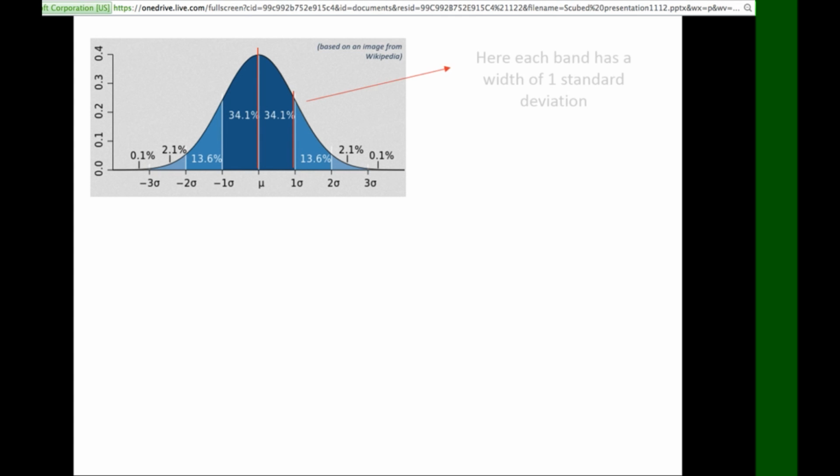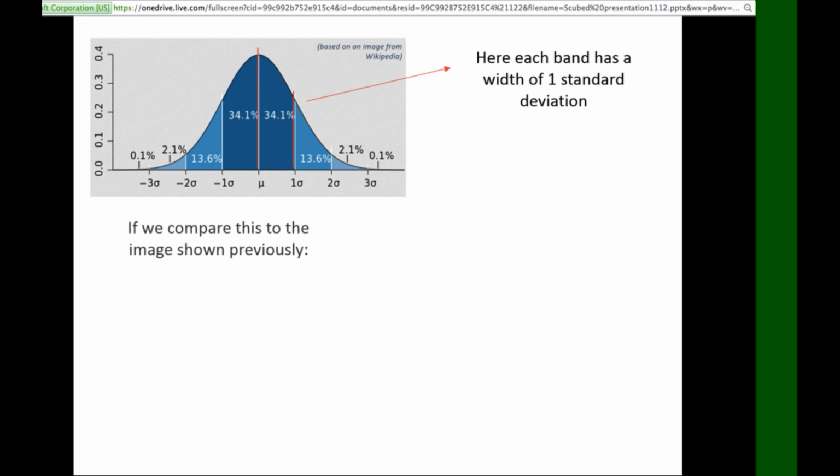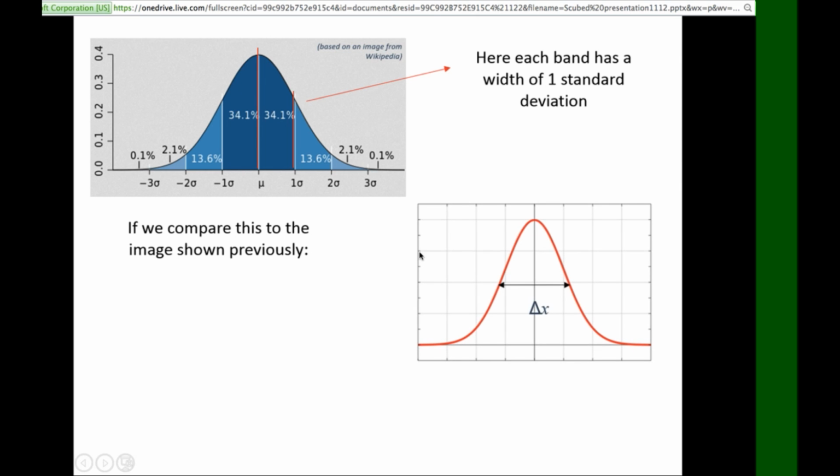So, let's have a look at this image. Here, each band has a width of 1 standard deviation. And if we compare this to the images shown previously, from previous slides, where we had shown that when I say the error is delta x, it's like I'm measuring the dispersion of my data points around the true value.